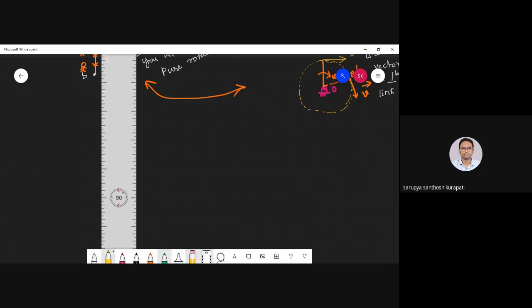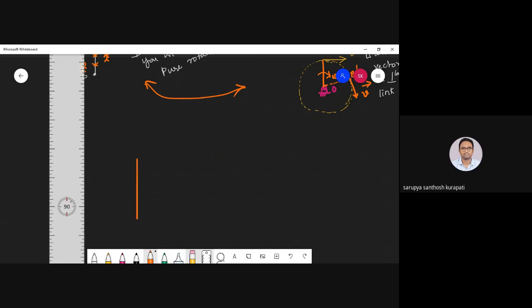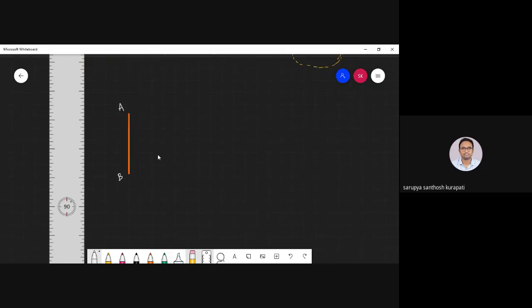So this is my link, and the points are A, B. These are microscopic observations after a time interval t. So I took a link AB at time t is equal to t. Okay, this is the position.